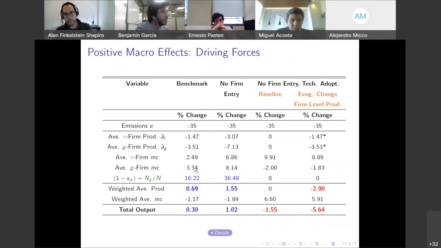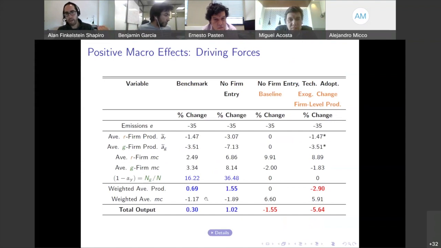But again, if you take a look at the weighted average productivity for the whole economy, that's actually increasing because you're moving the weight that you put on average productivity for regular firms into average productivity for green firms that are less productive relative to the baseline, but more productive relative to the regular firms. And you also see a reduction in the weighted average marginal cost.